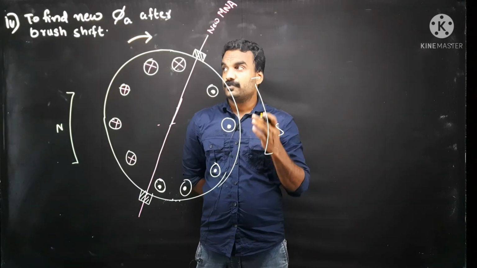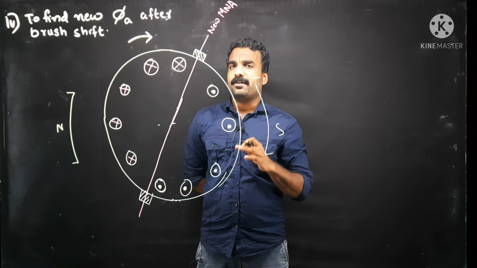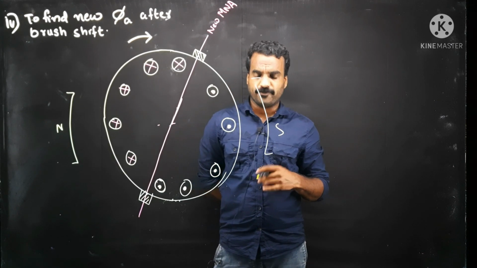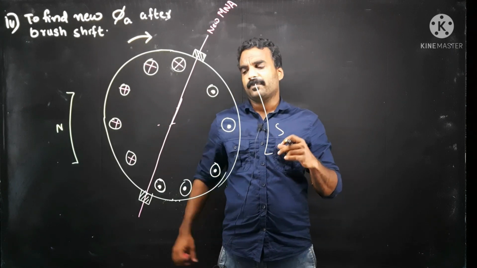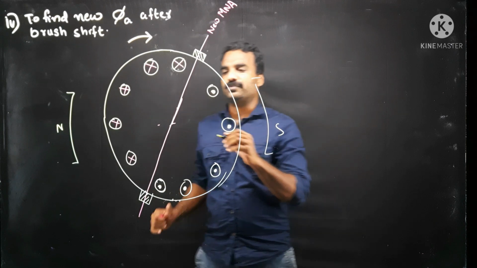Okay, so this is the fourth subheading, where I am finding the new direction of armature flux. Why? Because in this case we are shifting the brush to the new position of the MNA.